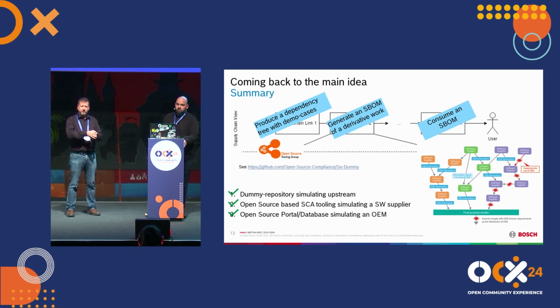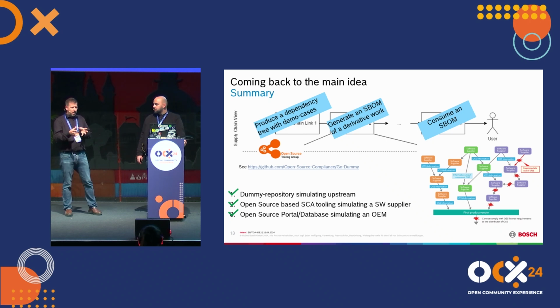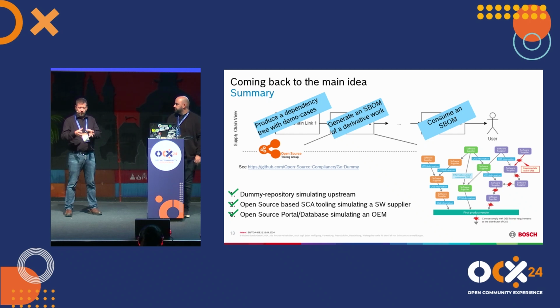What happens if there is a snippet from a copyleft licensed portion in my own code? What happens then? You can not only see this in the repository, you can also see this from the perspective of a software supplier. You can also see how it will have an effect in the SBOM. And you can then also see this in those dashboard tools, for example, that consume the SBOM.